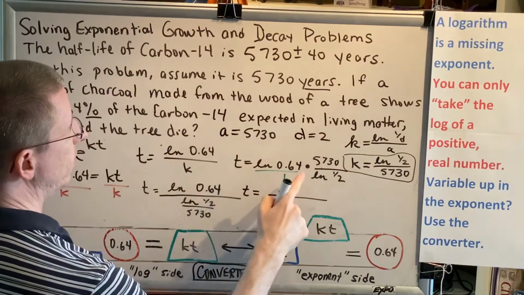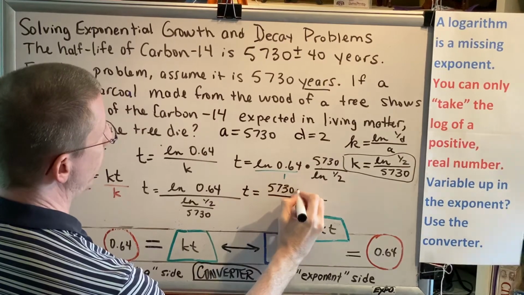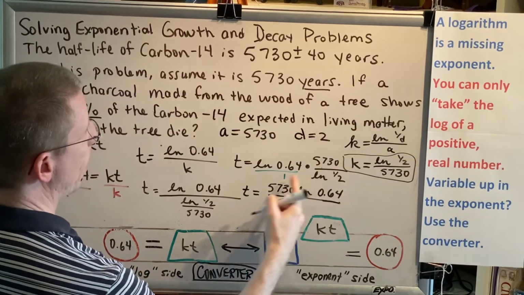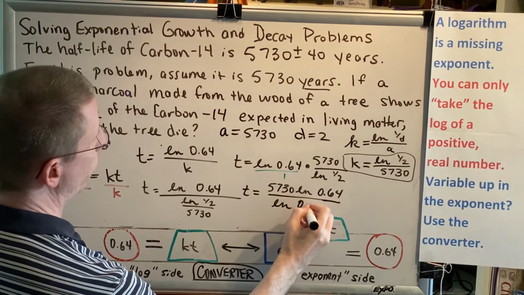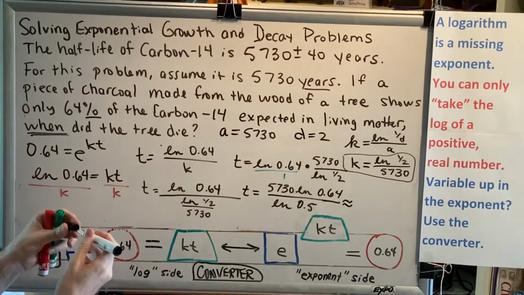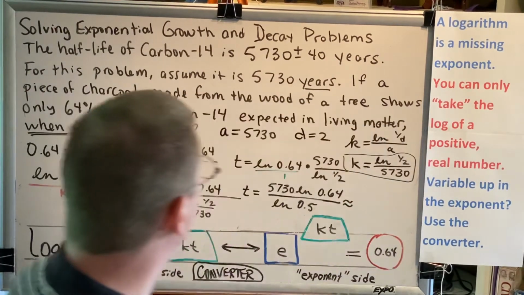Natural log of 0.64 times 5730 would be written 5730 natural log of 0.64. Anything times 1 is itself, and I'm going to replace this 1/2 with the decimal version, which is 0.5. So this is my exact answer, 5730 times the natural log of 0.64, all divided by the natural log of 0.5.